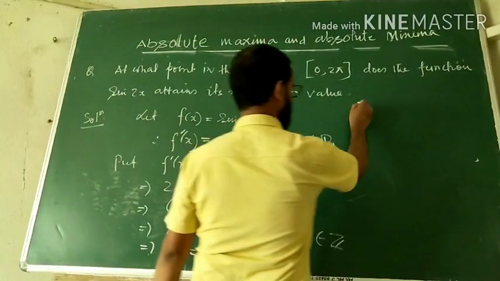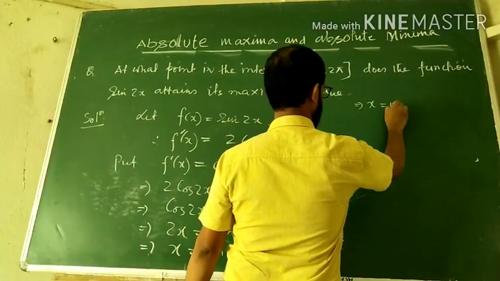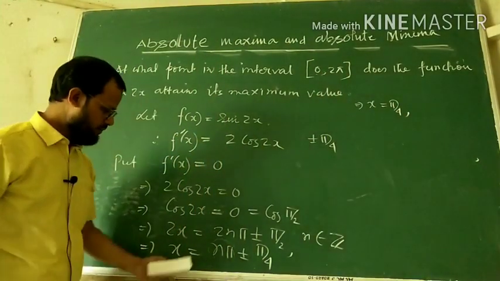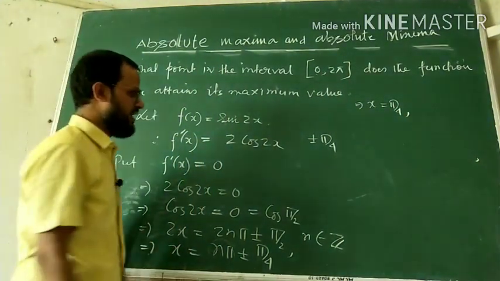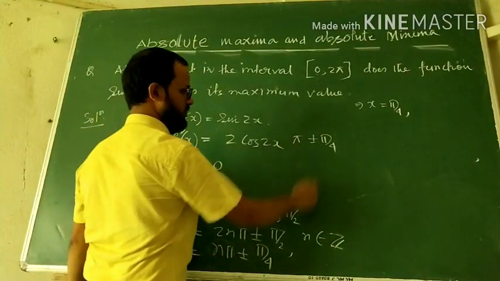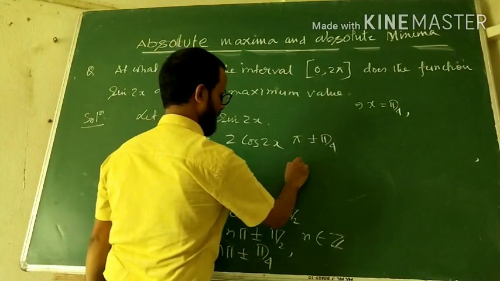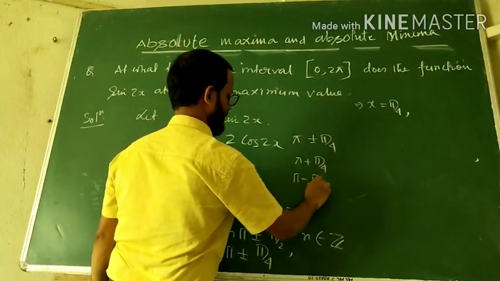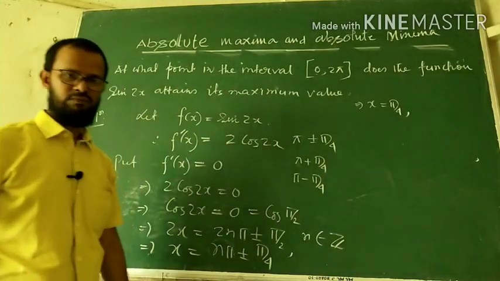So you will take x equal to 1 value, pi by 4, which is in between 0 and 2 pi. Now put n equal to 1. So you are getting pi plus minus pi by 4. So one value is pi plus pi by 4, another value is pi minus pi by 4.